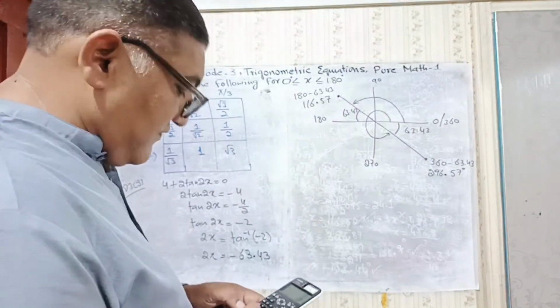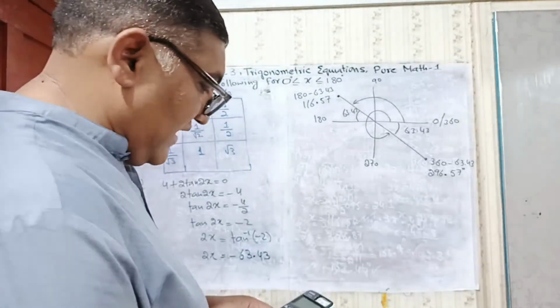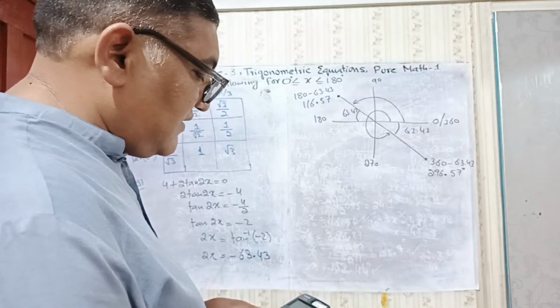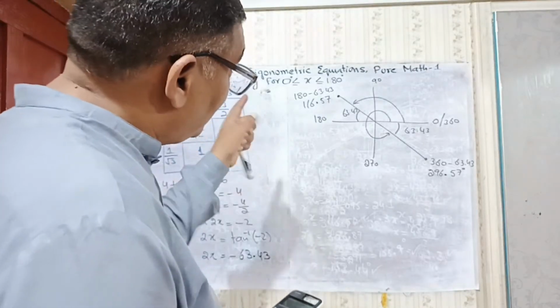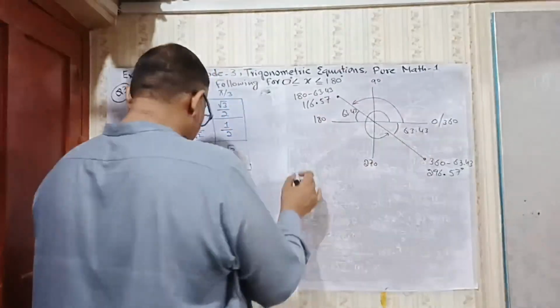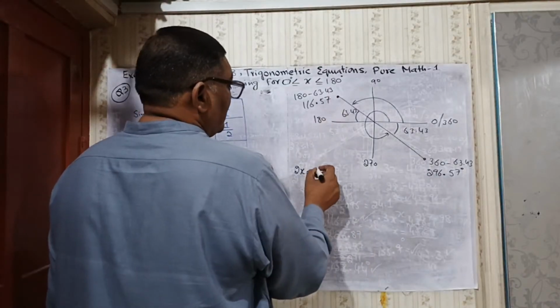In the same way, 116.57 plus 360 gives 476.57, which is also out of the range when you divide it by 2. Okay, so now we are going to do 2x equal to the angle in the second quadrant.